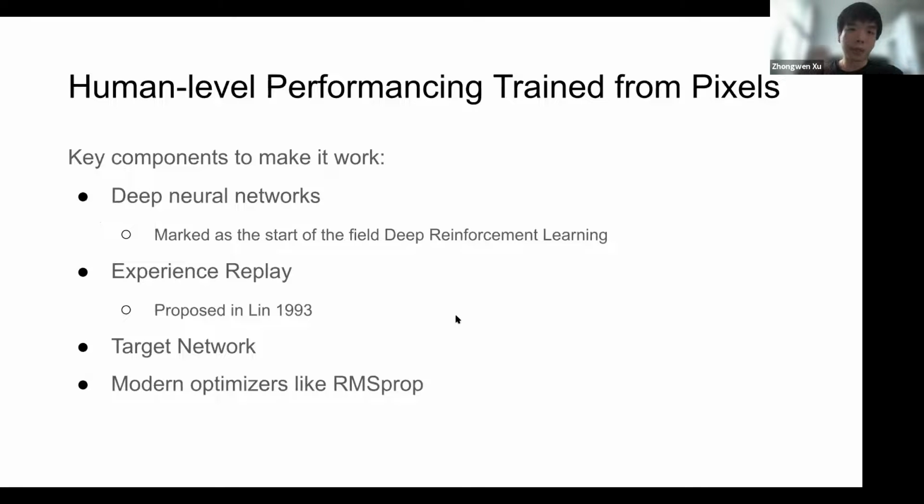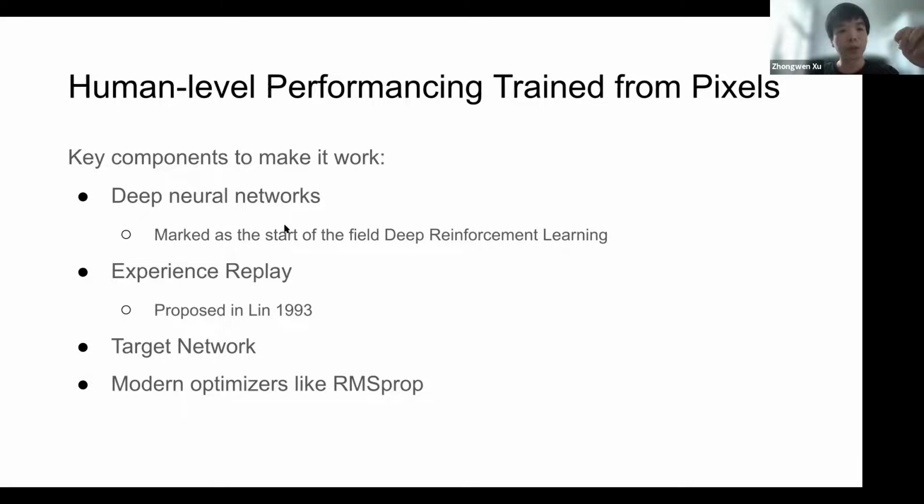So what does this Nature 2015 paper really do? What makes it different from the reinforcement learning work in the 80s and 90s? There are many key components that make it work, and we will go through some of them here.